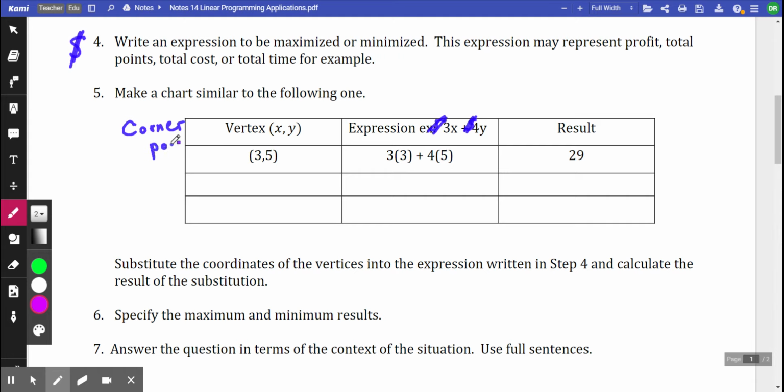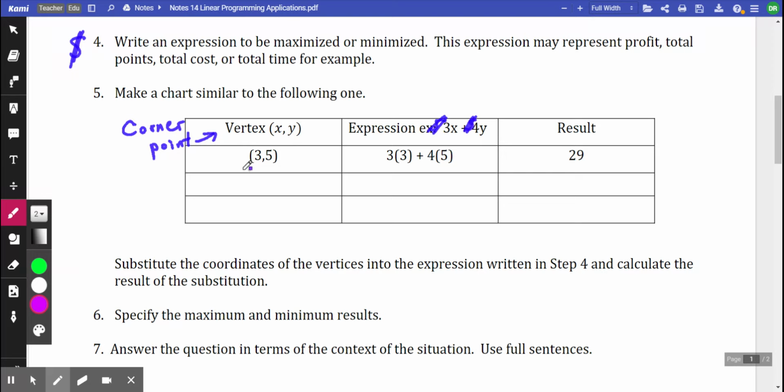A vertex is a corner point. And again, we're going to hint to you how many corner points your shaded area should have based on the number of rows that we're giving you to fill in. So again, this is an introduction, and we are not expecting too much from you at this point, just getting into the basics of how this can work.